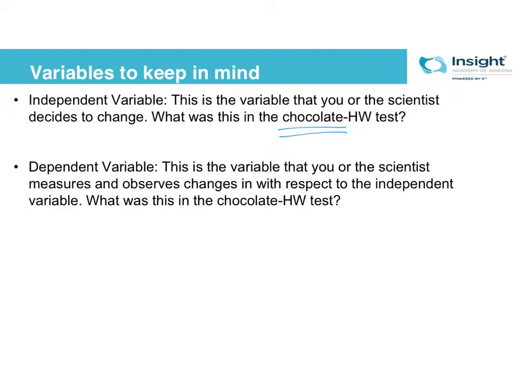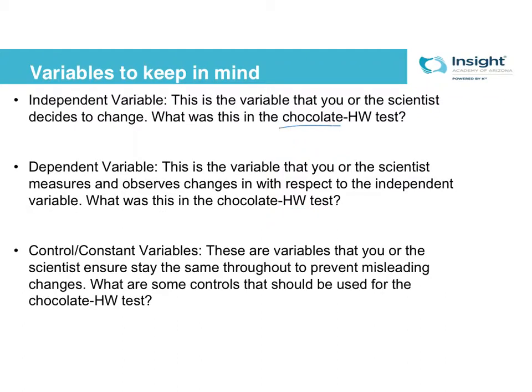So in our chocolate homework test, the dependent variable, if you haven't already thought this through, is going to be whether or not the students get homework. All right? Dependent variable is also something you don't have control over. All right? And thinking from the point of view of the students who are the experimenters, they don't have control over whether or not their teacher gives them homework. All right? So chocolate was the independent variable. Homework was the dependent variable.